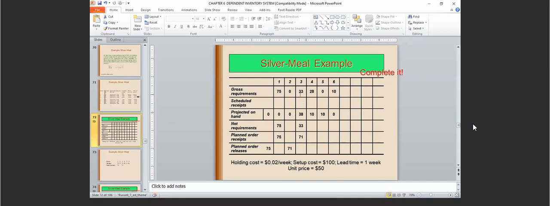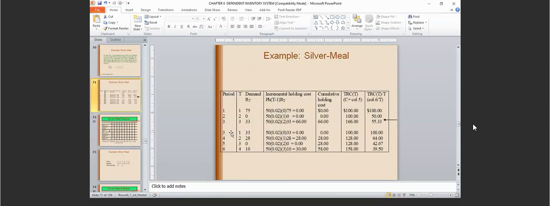Pada period yang ketiga, net requirement kita akan jadi 33 oleh kerana kita tidak mempunyai sebarang inventory di tangan. Jadi kita akan start semula analisis dengan period yang ketiga. Dan T di situ adalah 1, kan? Kita start dengan period yang ketiga dan analisis kita akan bermula pada period 1. Demand untuk gross requirement pada period yang ketiga adalah 33.